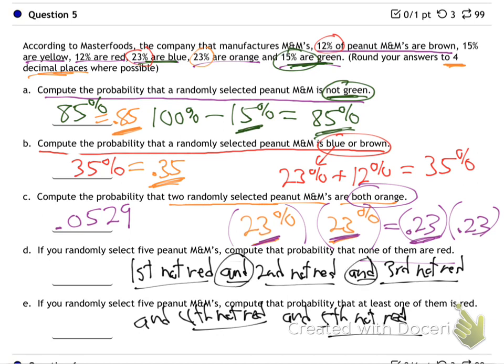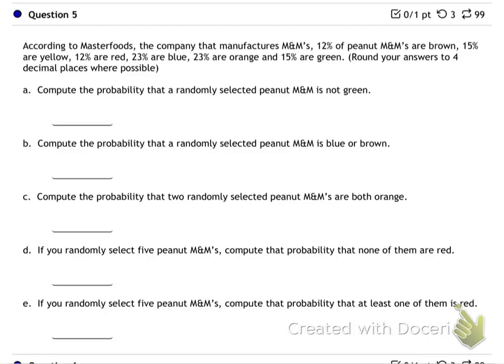What does that mean we're going to do? We're going to times those. So what is the probability that the first is not red? 100% minus whatever red is. What is red, 12%?